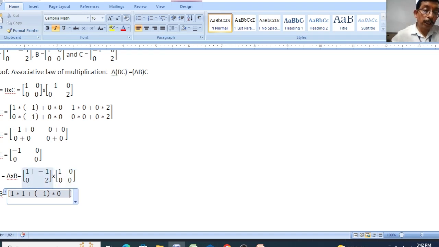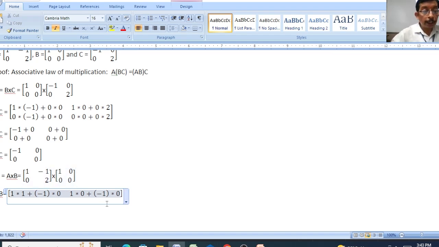Now first row multiply by the second column, then we receive the first row second element of the matrix A cross B. 1 is multiplied by 0 plus second element -1 is multiplied by 0. First row second column multiplication is complete.